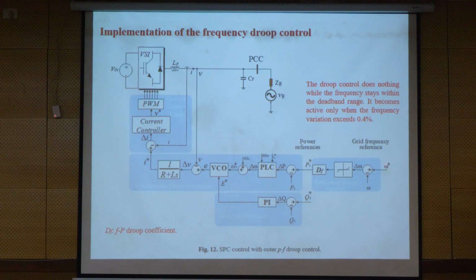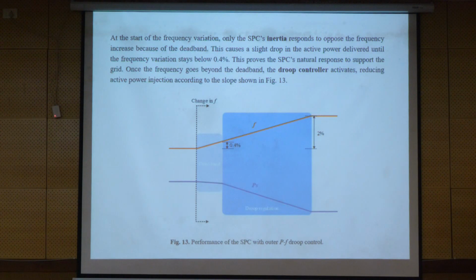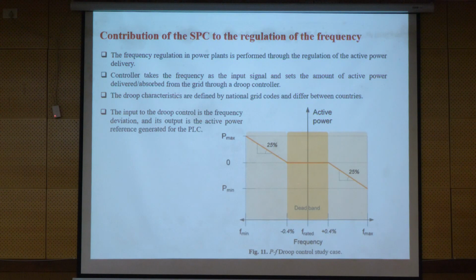So we measure the frequency of the grid, and we also have the reference. We compare them together. So if delta omega is in this operating condition, so the fluctuation is in the dead band here, we cannot do anything, it is completely fine.